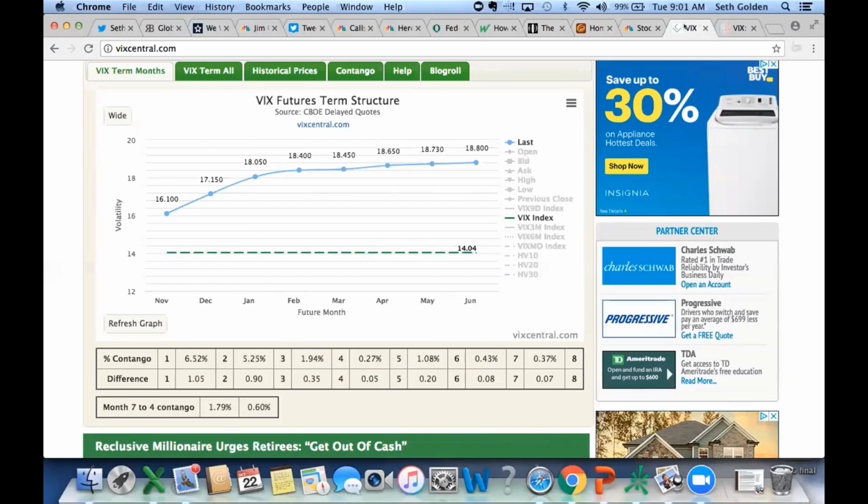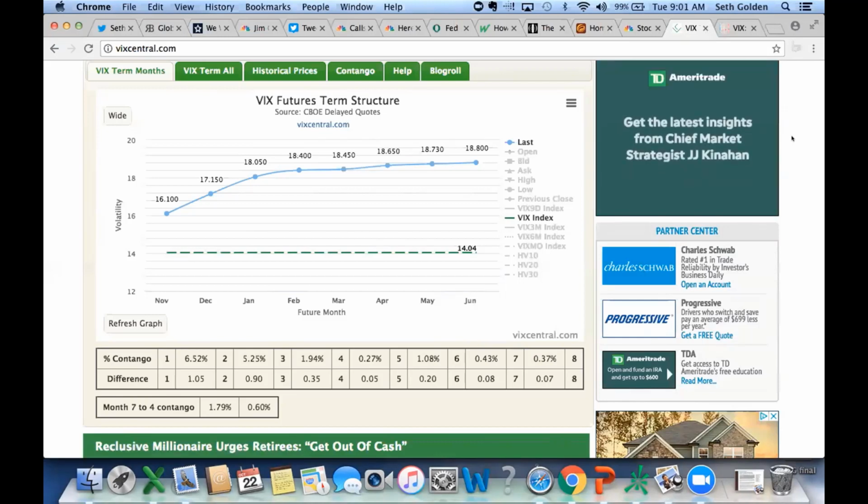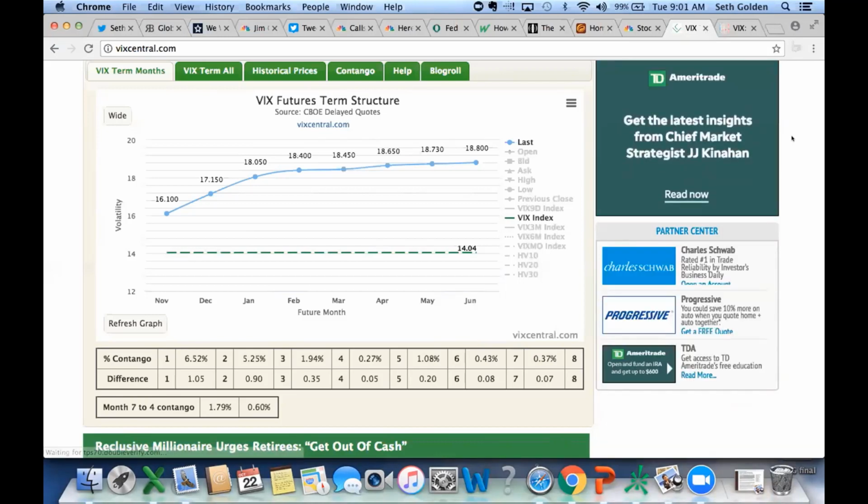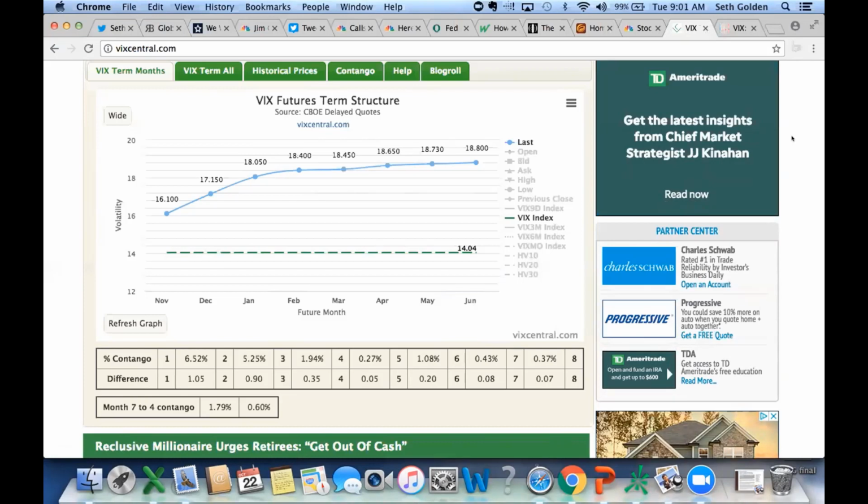So here in 2019, we're in another volatility regime, and volatility regimes can last anywhere from 6 months to a full year.